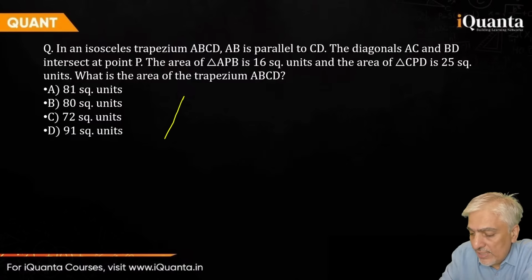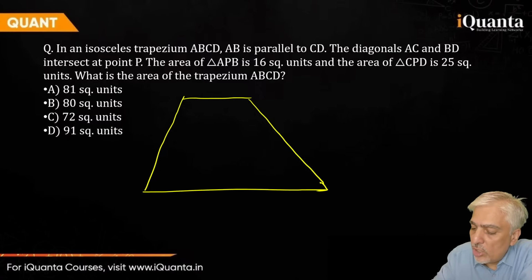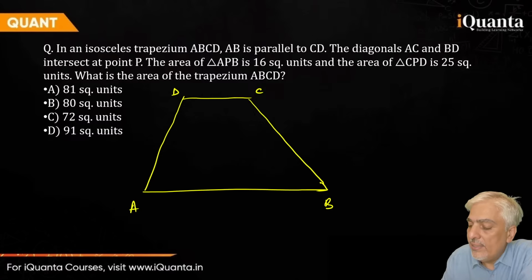In an isosceles trapezium, AB is parallel to CD.